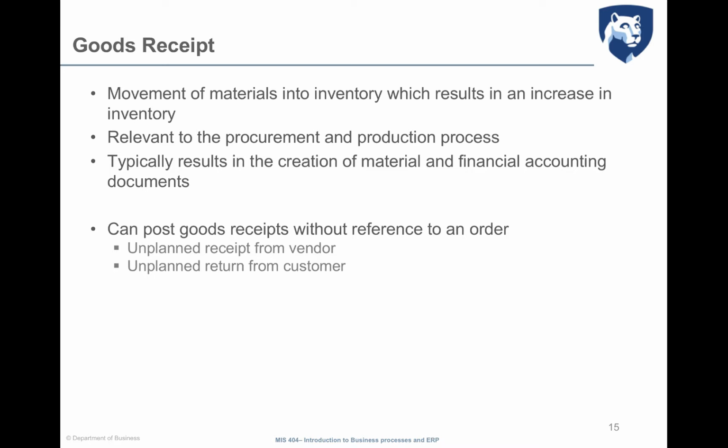It can happen, for example, when you receive something unplanned from a vendor, or you receive something in return from a customer which was not planned. This can be because it was really unplanned, so the vendor delivered something you did not expect, or the customer returned a product, or because someone forgot to put in the system the fact that a delivery from the customer or the vendor was expected. So please consider both scenarios.